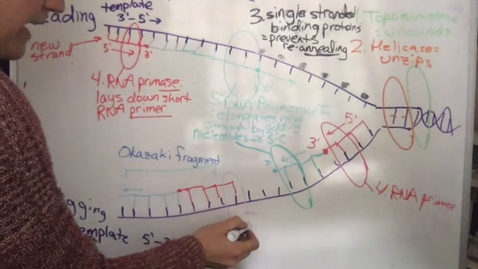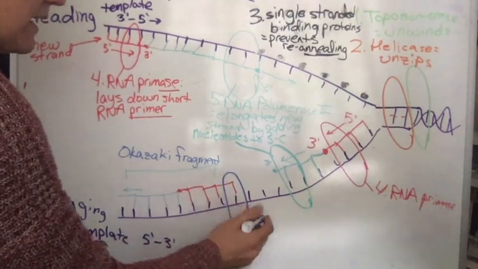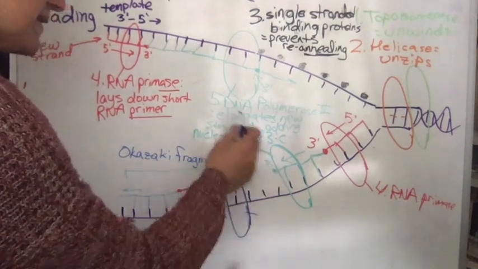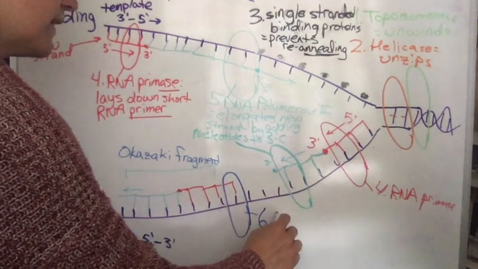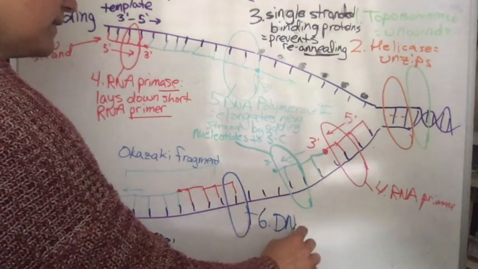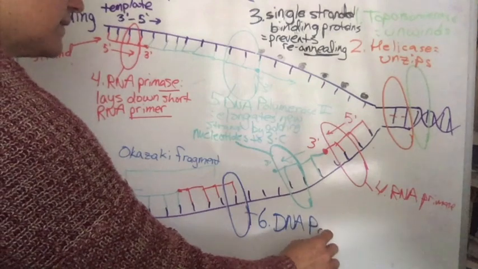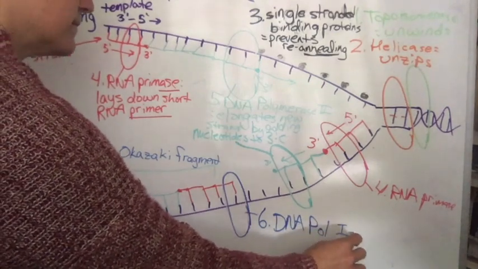Okay, so here we have at the very end of this process an enzyme called, this is step number 6, DNA polymerase 1.